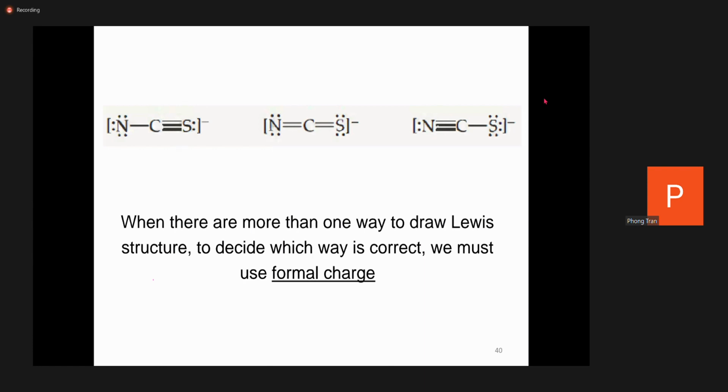So for example, the 3 structures you can see in this slide, all of them satisfy the octet rule for the atoms. So which one is more likely? How can we decide which one is correct? Then we use the concept of formal charge. So how can we define the formal charge?